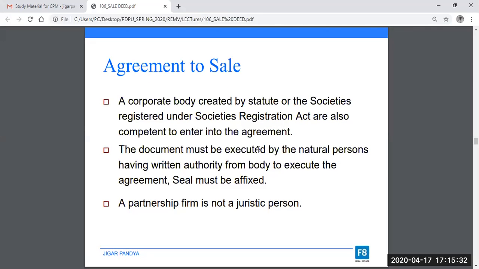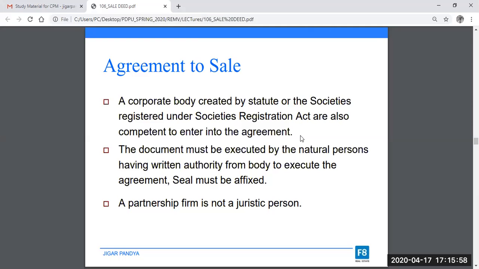A corporate body created by statute, or societies under the Societies Registration Act, are also competent to enter the agreement. So once we say that a person or a joint ownership can be called a party, a cooperative housing society that is registered under the registration can also be called a party.